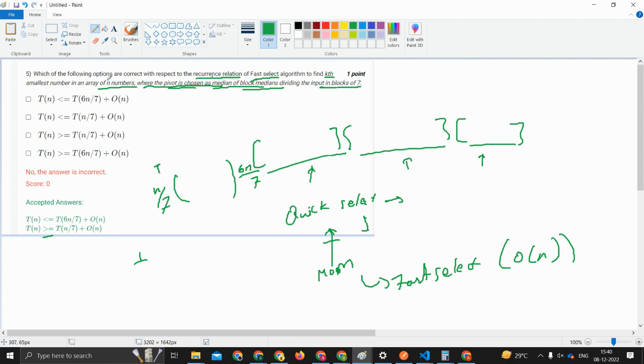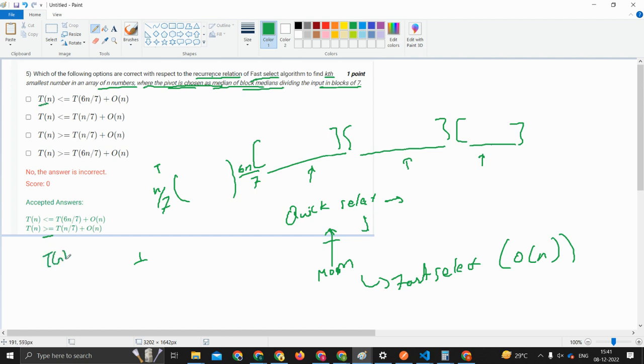Let's read the question again. Which of the following options are correct with respect to the recurrence relation of the fast select algorithm to find the kth smallest number in an array of n numbers, where the pivot is chosen as the median of the block medians, dividing the input into blocks of 7? So what is this T of n?